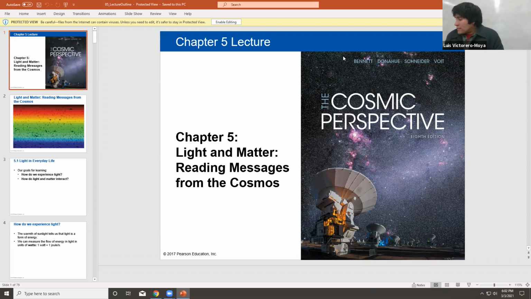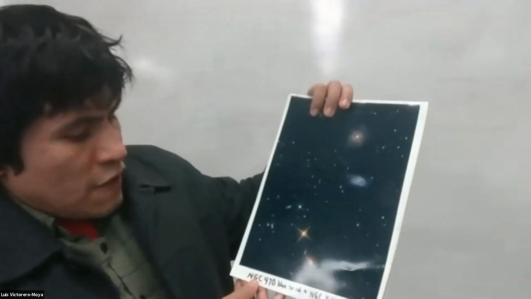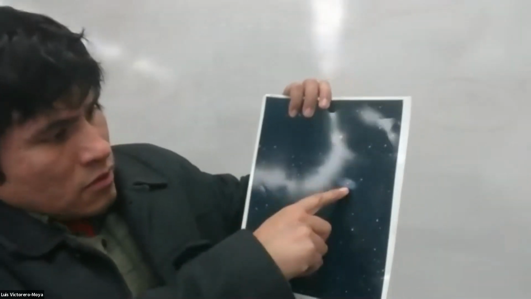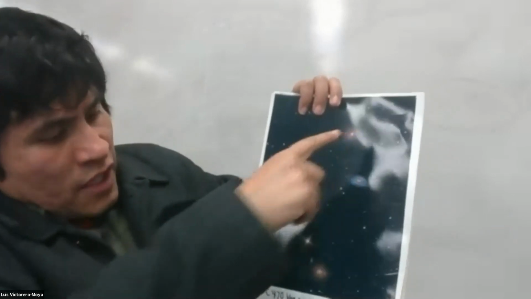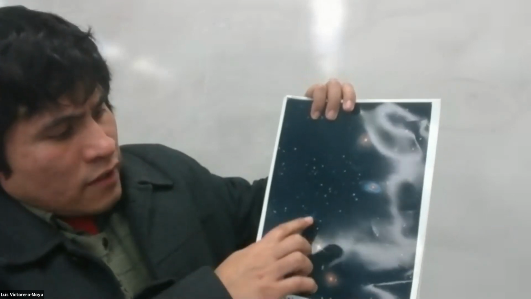But when we look at, for example, stars or galaxies, let me show you a few pictures we have here in the observatory. Right? So when you see, for example, this picture here from NGC 470, the spiral there, and NGC 474, and then you see other objects here with different colors.